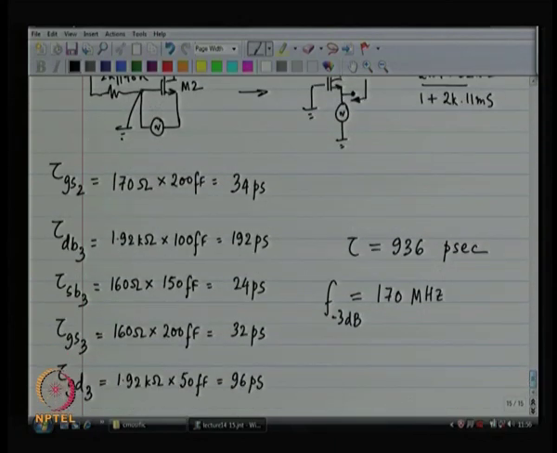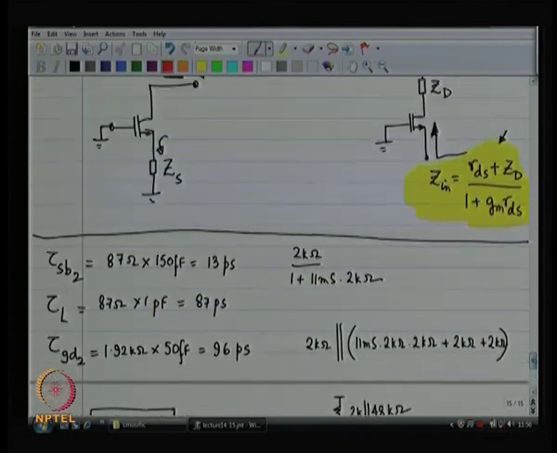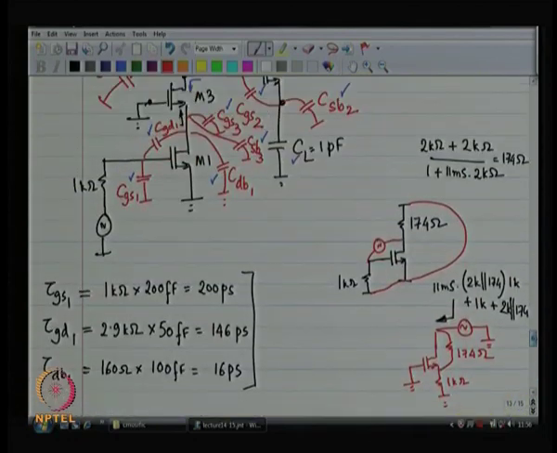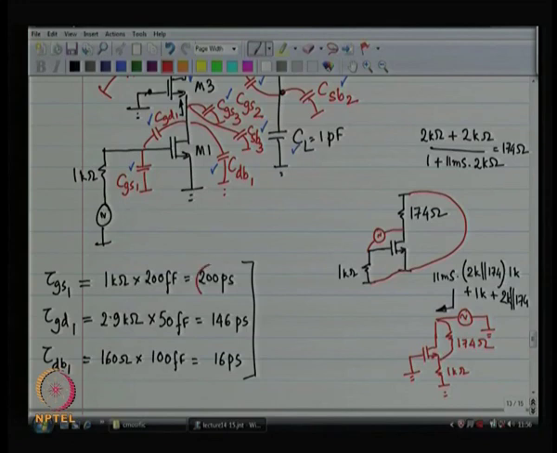Now, which of these components do you identify as problems? So, 192 is a problem, looks big. Tau GS1, that is really the largest over here, 200 picoseconds. Everything else is a small quantity.